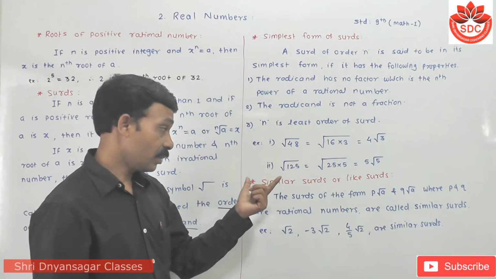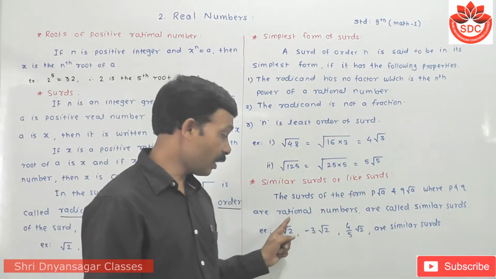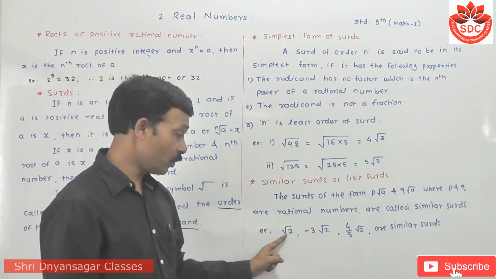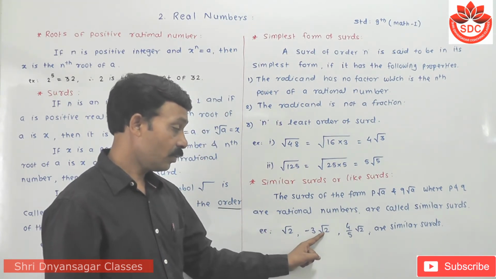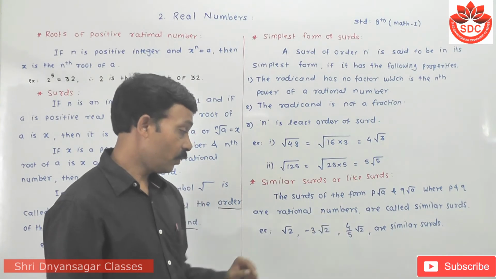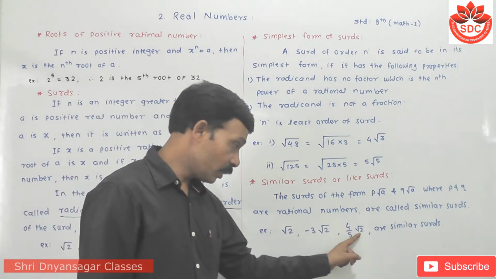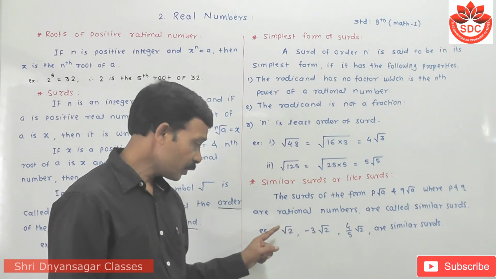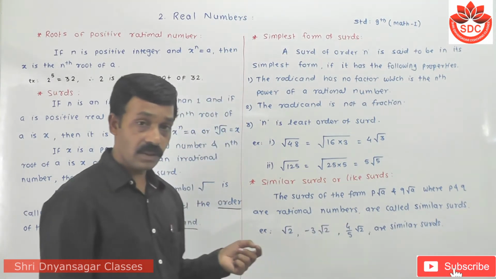Then the surds are similar. p and q are rational numbers. For example, root 2, minus root 3 times root 2, 4 upon 5 root 2. Root 2 is the same here. The order is also 2, which is also the same.